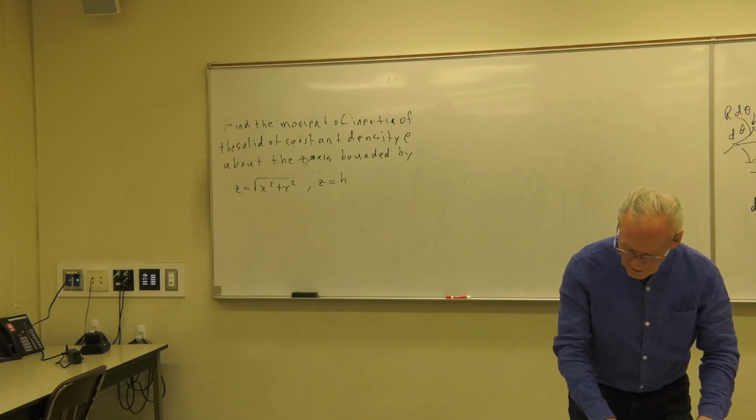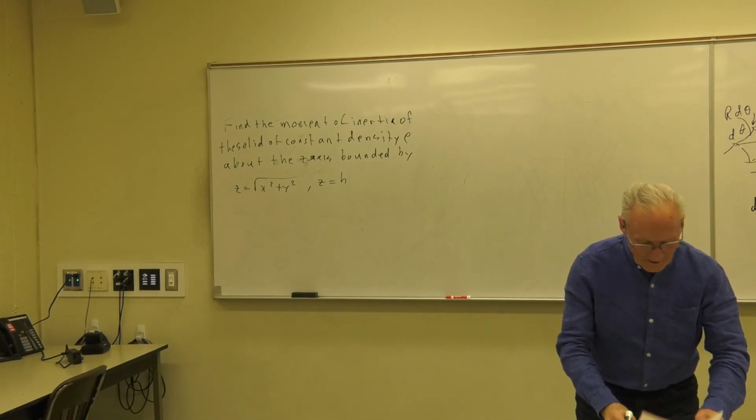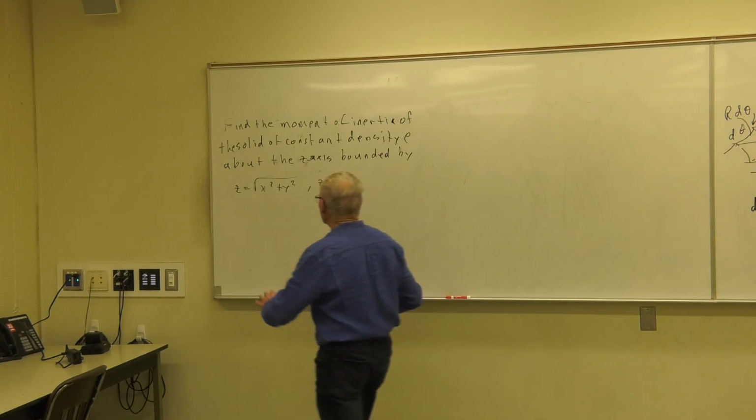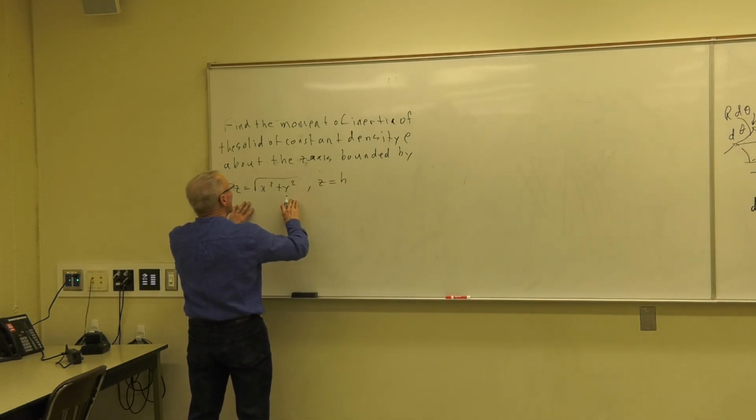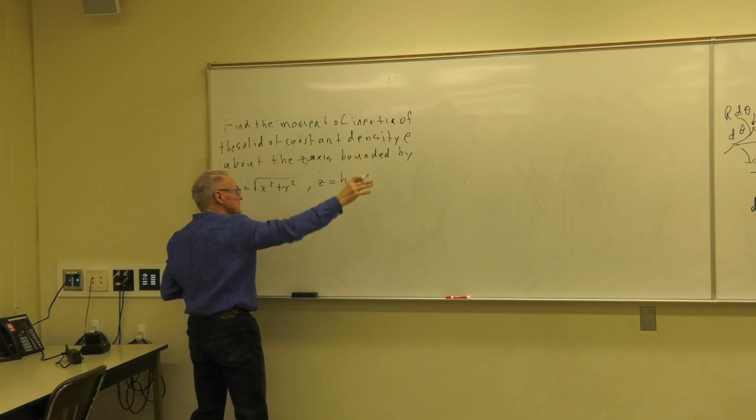So find the moment of inertia of that solid bounded by these surfaces about the z-axis, constant density rho.